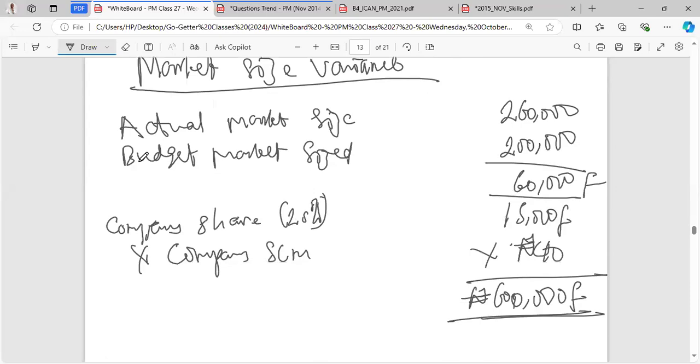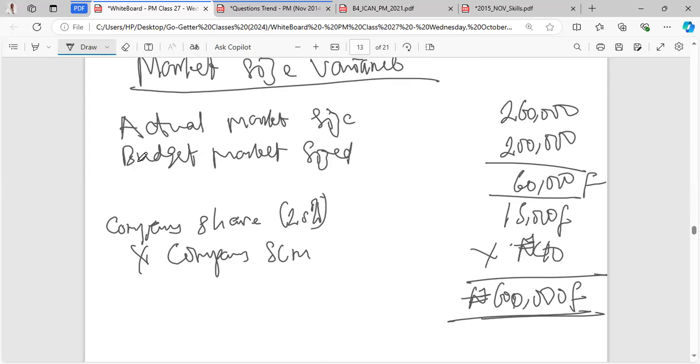the budgeted size that they had in mind was 200. The market now came out as 260. Now, what is the difference? The actual market size is bigger than the budget, and so they are saying it's a favorable thing for them that the actual market is bigger than what they budgeted.